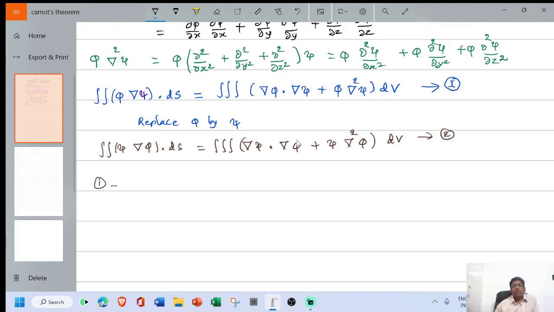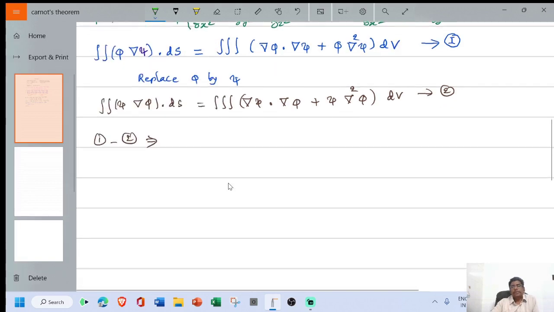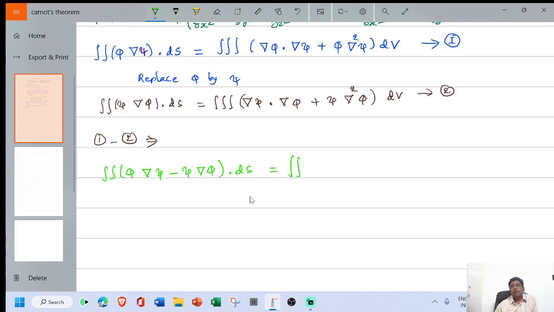Find out 1 minus 2. That gives the surface integral of phi grad psi minus psi grad phi dot dS, which is equal to the triple integral of grad phi dot grad psi minus grad psi dot grad phi, which is 0.